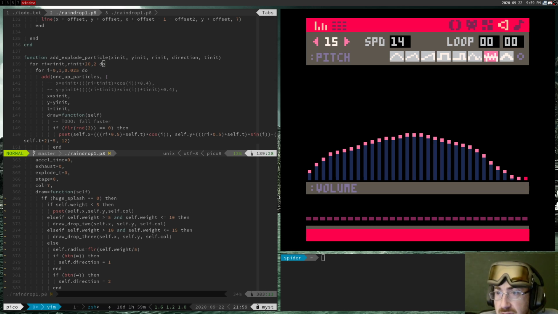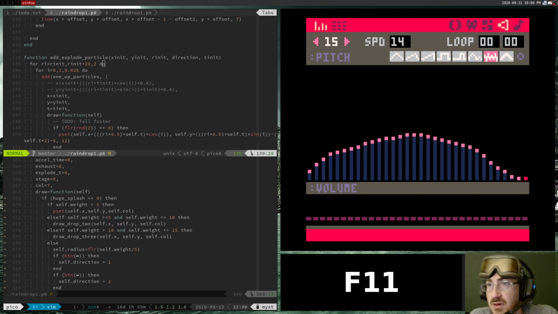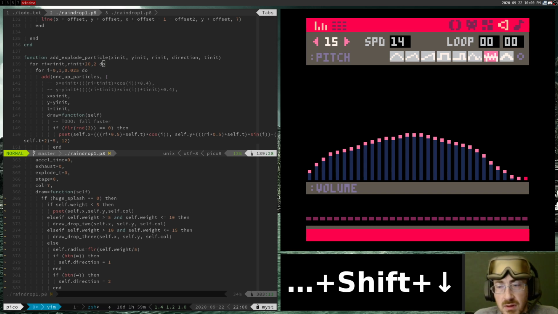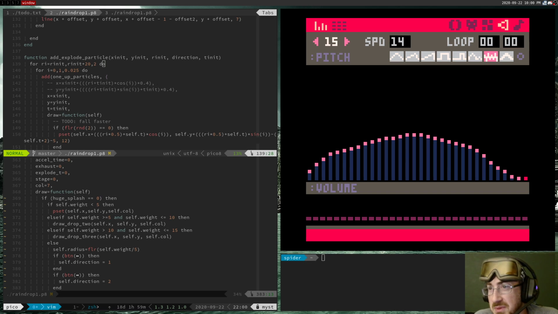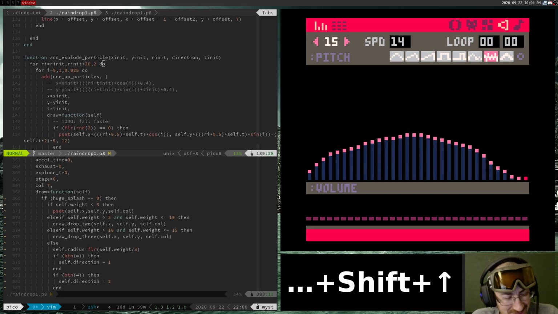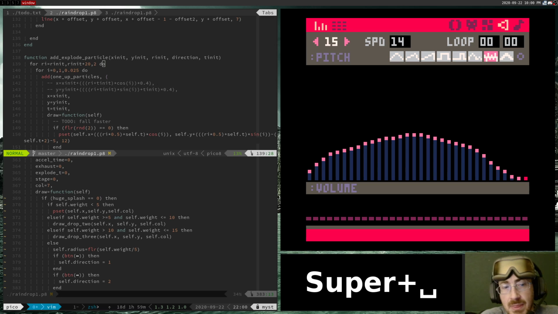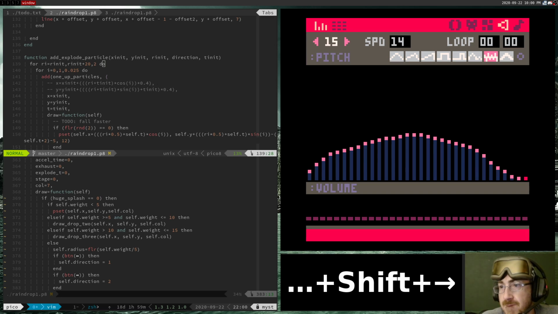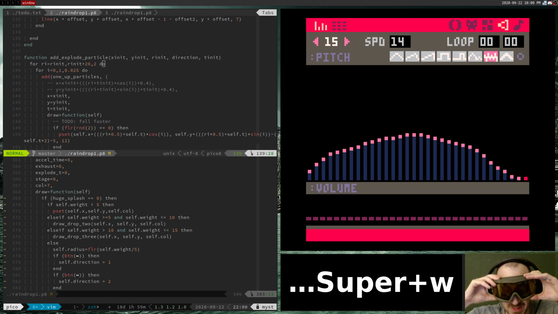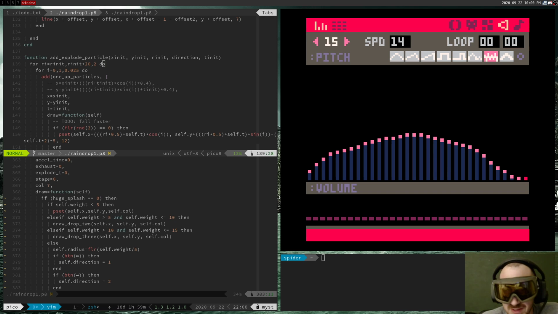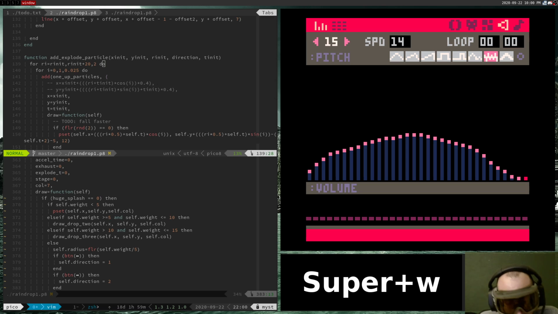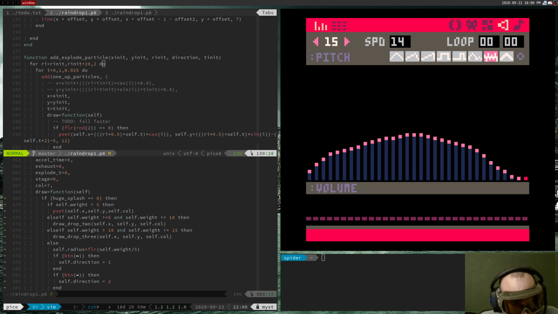Okay, I think I got this now. All right, F11. They look cool. Yeah, there you go. Now you get a better view into this. Okay, so I'm trying window mode.